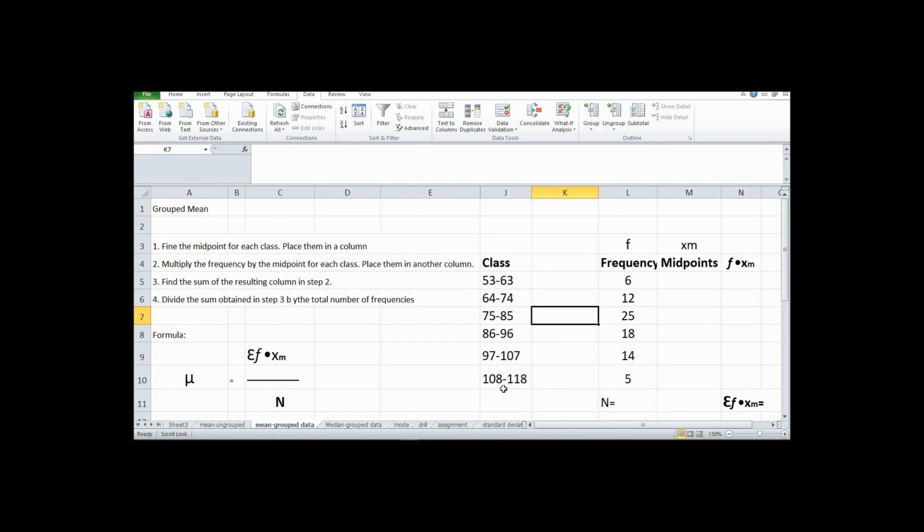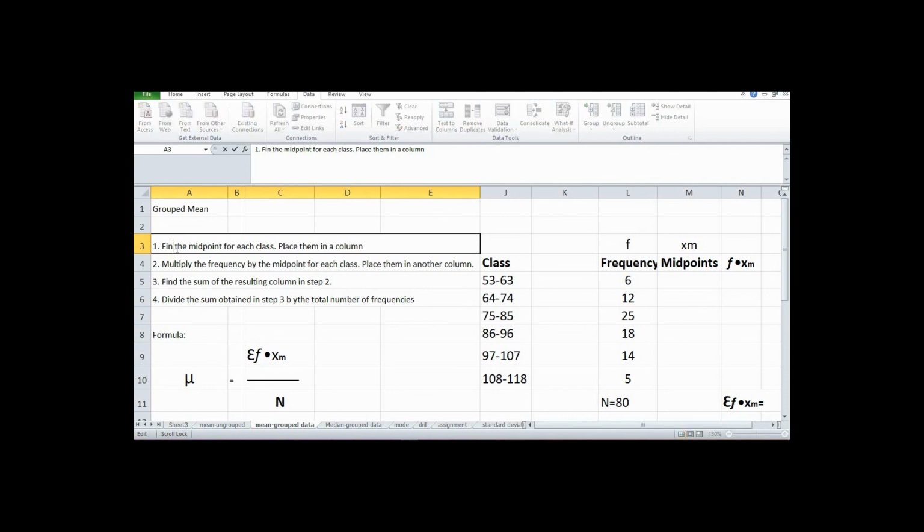On the class 108 to 118, we have 5. So, in total, we have a population of 80. Now, we will proceed to the steps on how to get the group mean.